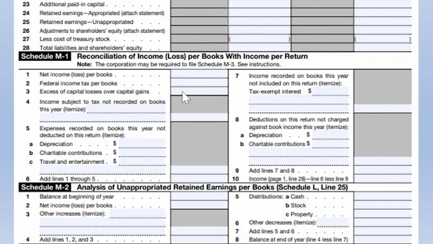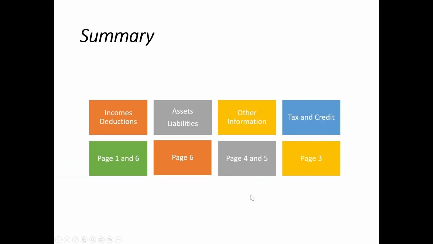So this is a really quick overview of how to prepare a 1120, and every section can have another long discussion about every single section. So I just have a quick summary right here. For income and deduction, you report that on page 1, and on page 6 you reconcile the income or deduction which is excluded from or included in the taxable income.